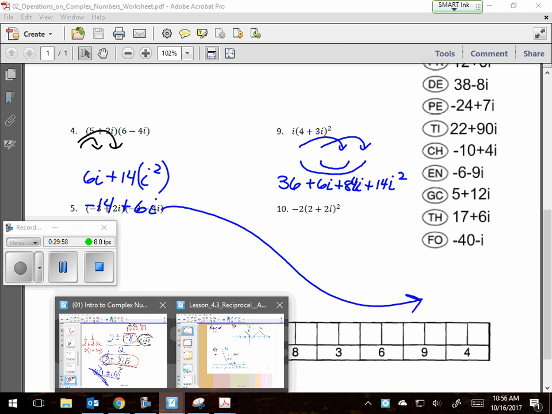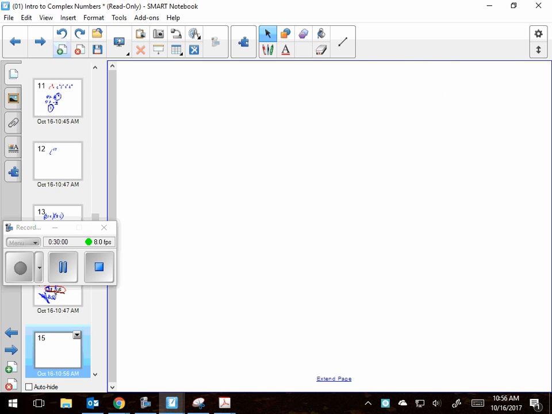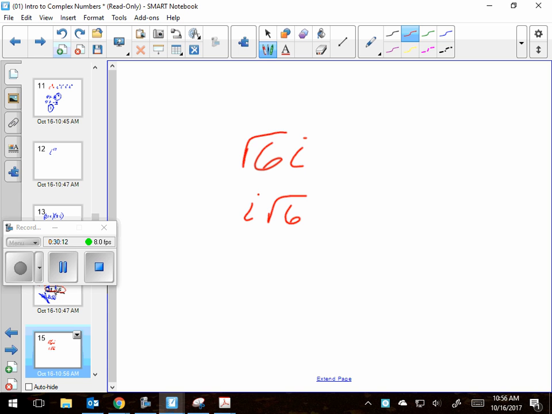So if you wanted to say you think the answer is square root of 6i, I like to put the i first, and I think it'll accept it either way, but you type into Schoology i SQRT 6. You get what I'm saying? For the Schoology quiz part of this thing.